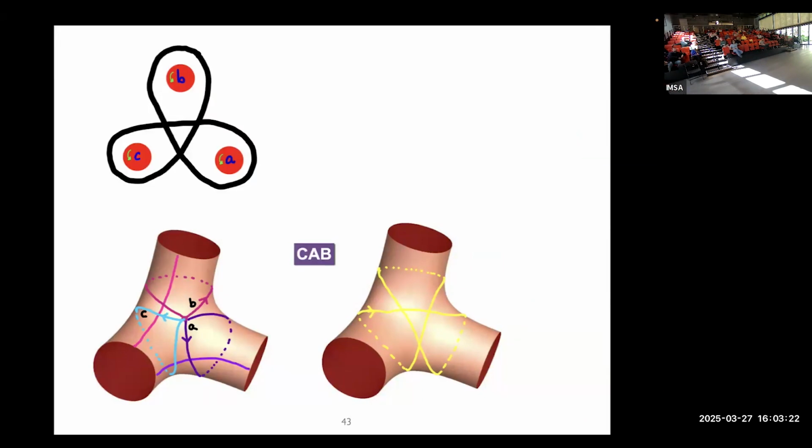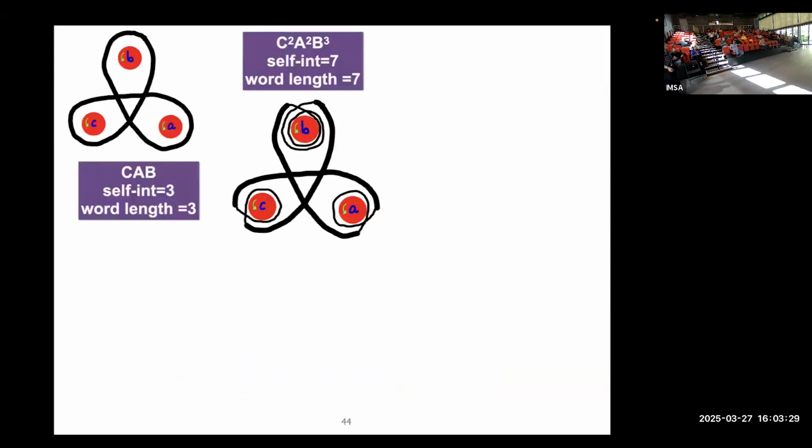So here we have the curve CAB, and again think of it as a ring of letters. And it turns out that if you go around a little more, so instead of CAB, I do C squared, A squared, B squared, I add, every time I add one letter, I'm adding one self-intersection.